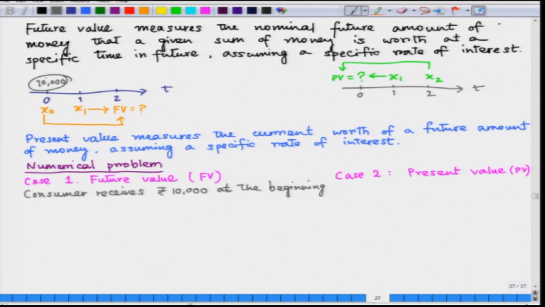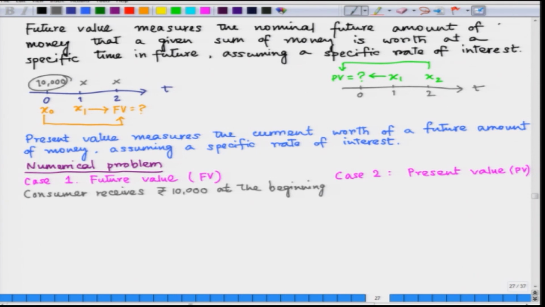So, 10,000, but he does not receive anything in period 1 or period 2. That is an assumption, and then the consumer is interested to find the future value of this income rupees 10,000 that he or she has got in period 0.